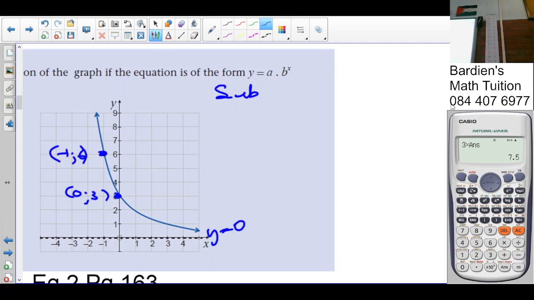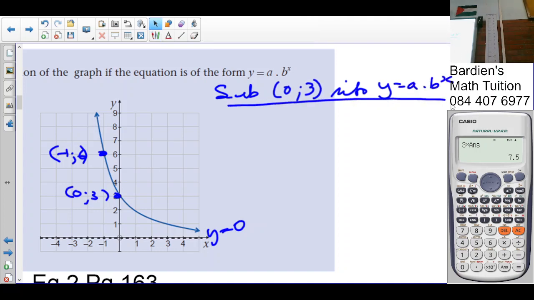Why? Because this might eliminate one of the variables. I always substitute what's on the axis first. But if you substitute the other way around first, it doesn't matter. It's still going to be the same answer. Okay? So I'm going to substitute 0 and 3 into y equals a times b to the exponent x. So do that substitution.